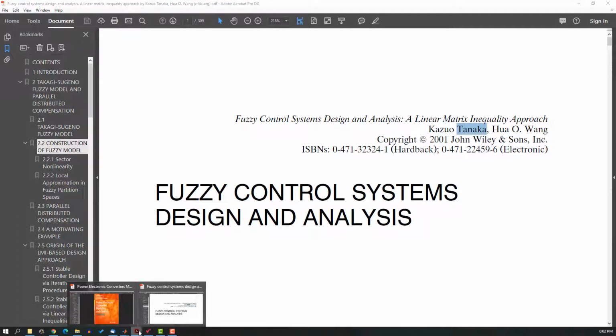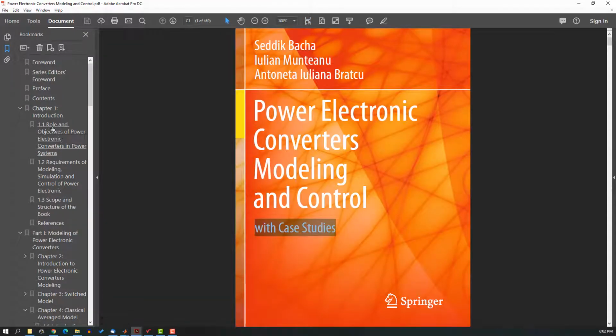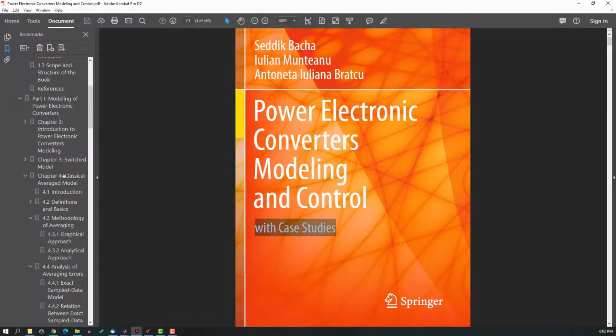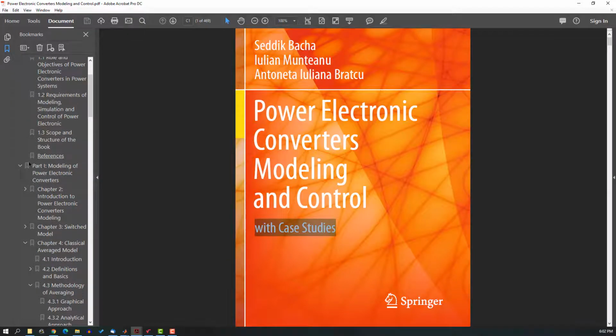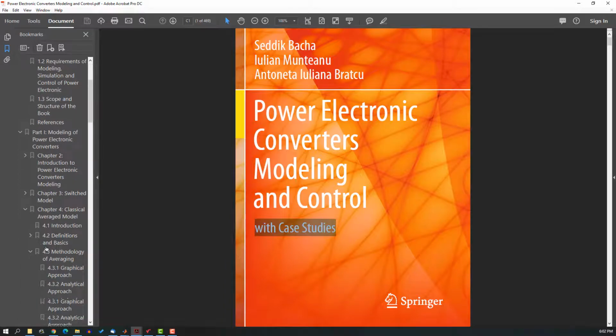So for the one from Power Electronics, we only need to first have some idea about the average model, and general, like the average model and the switch model.